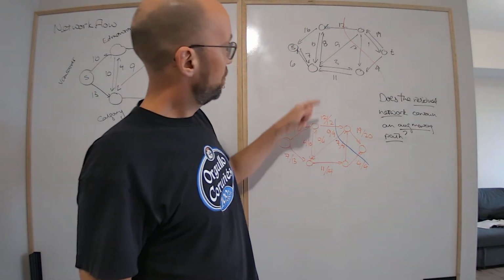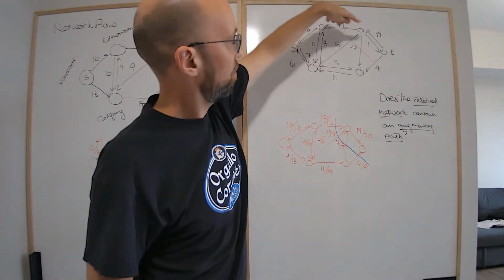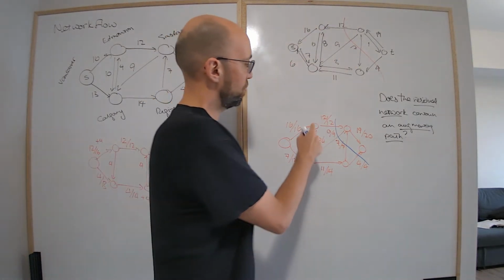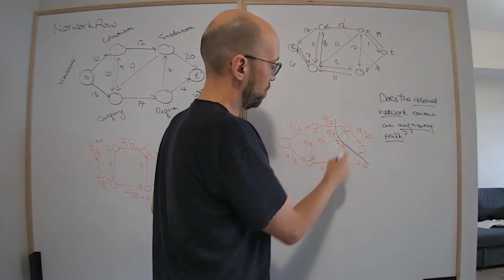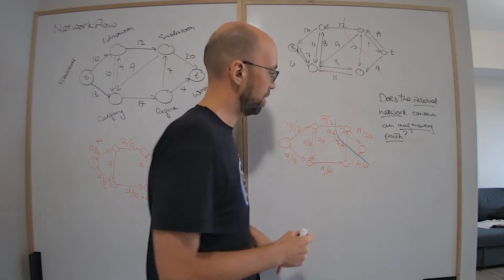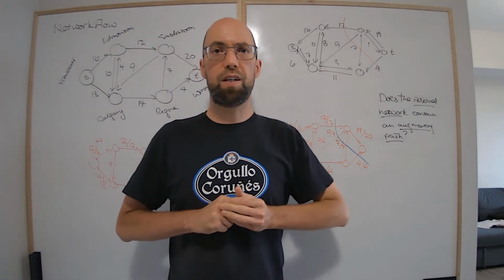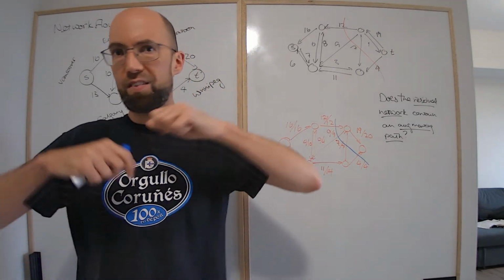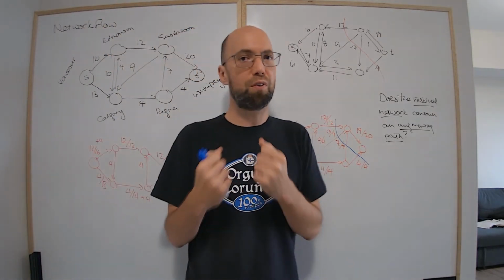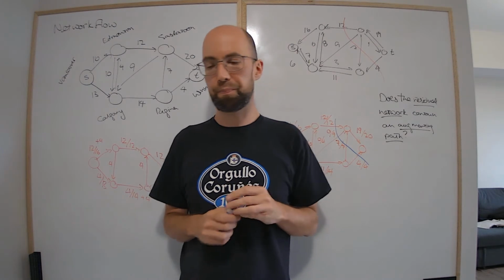There's nothing going this way in the residual graph, so that means that all of the edges that go across this cut from left to right are already at capacity. Okay, so you can't push more flow across that cut.